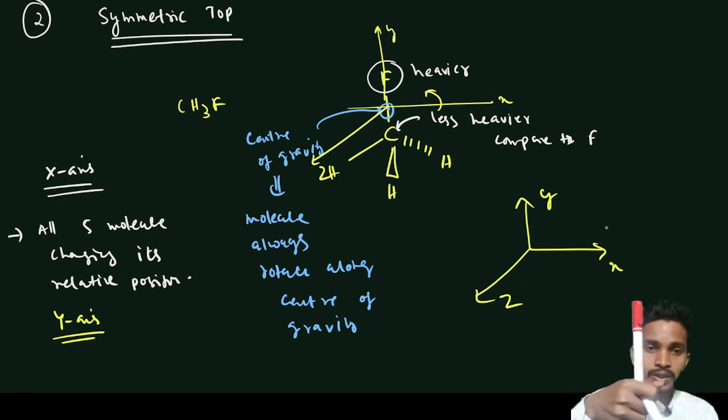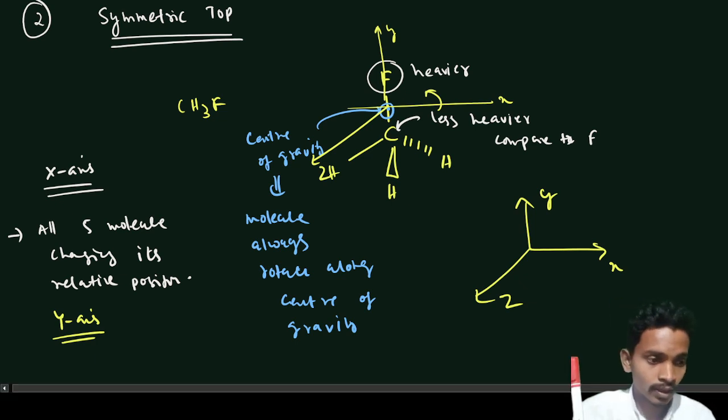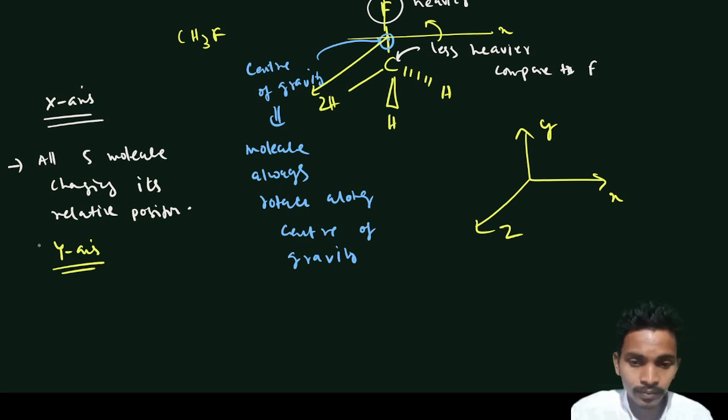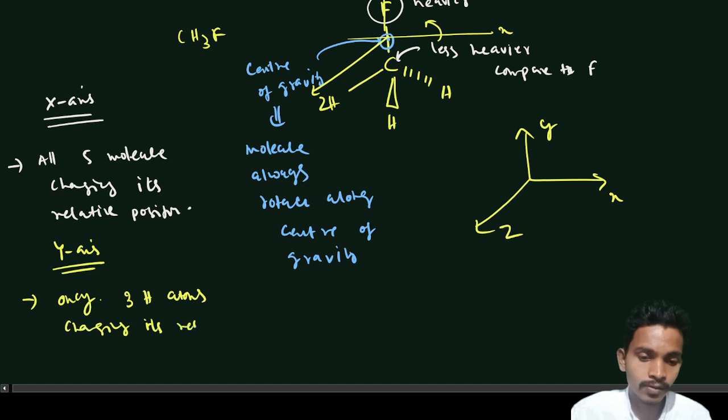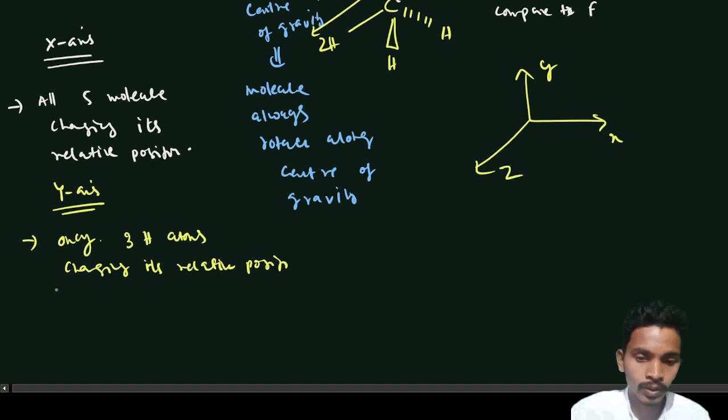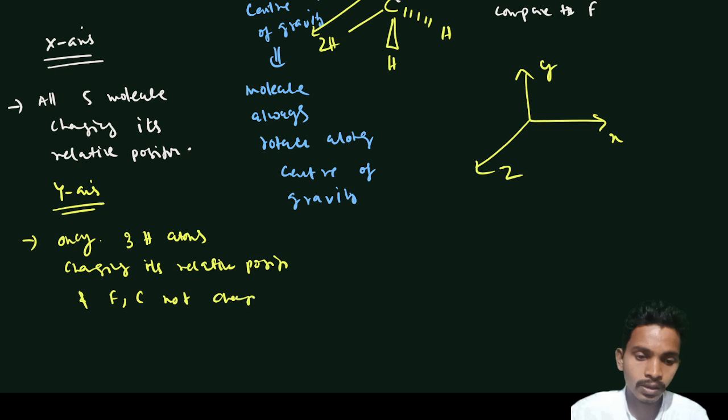Only the three hydrogen atoms change their relative positions, while fluorine and carbon do not.